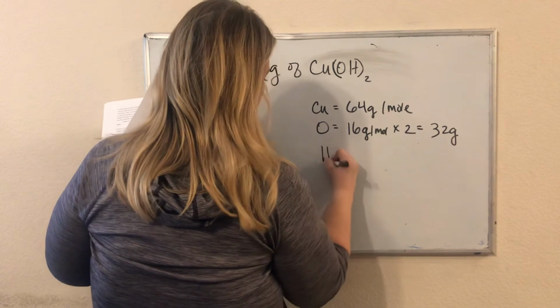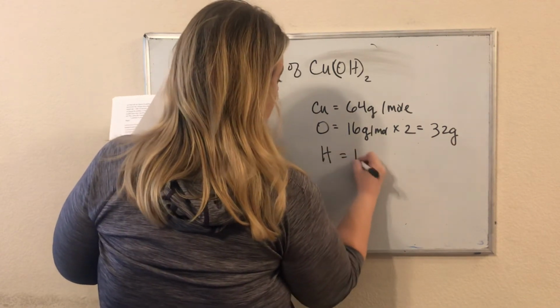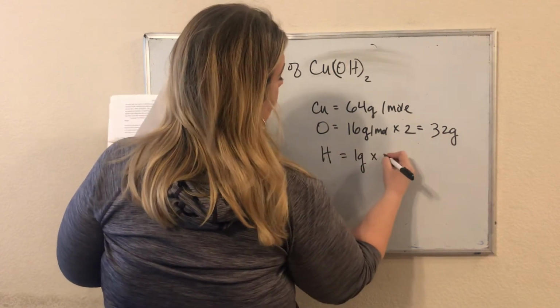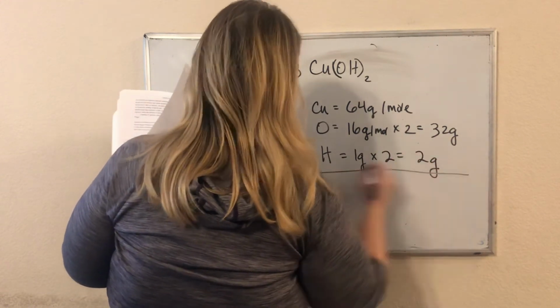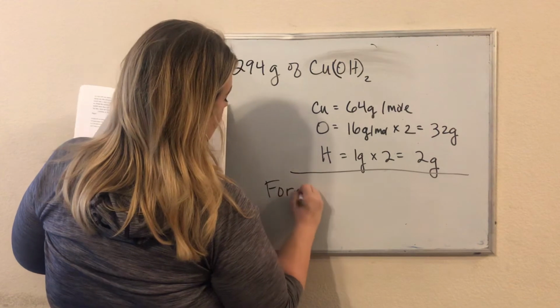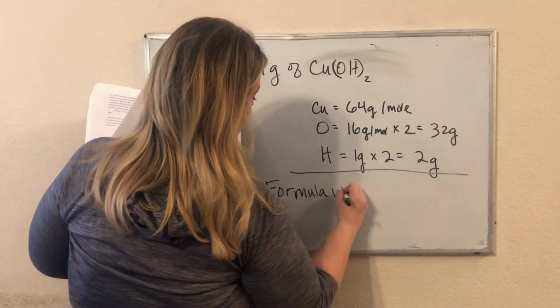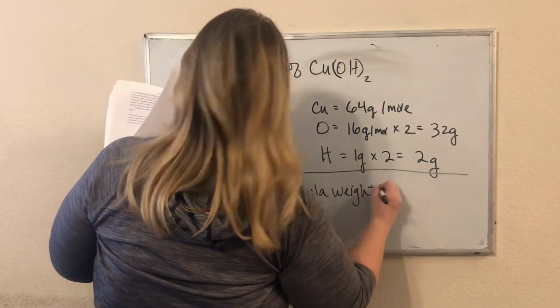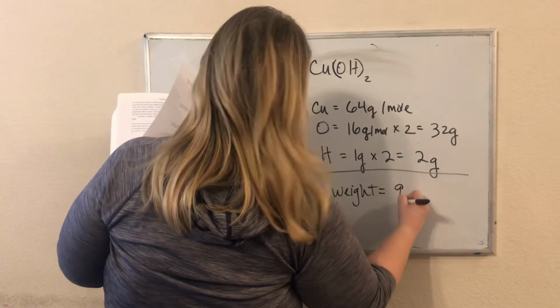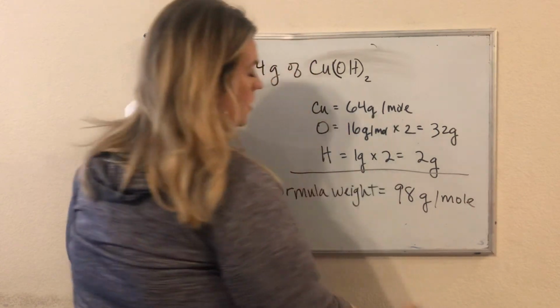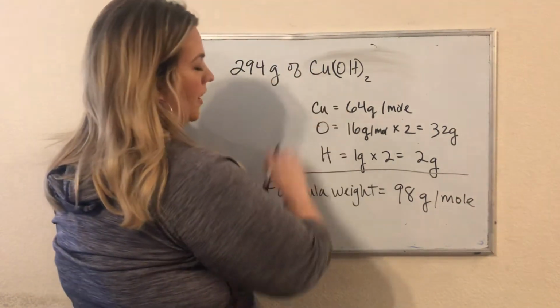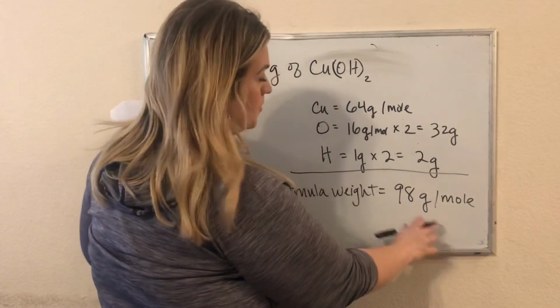And then we've got hydrogen, and that's 1 gram per mole times 2. So we've got another 2 grams. So the formula weight is 98 grams per mole. Okay? So we know that copper 2 hydroxide weighs 98 grams per mole.